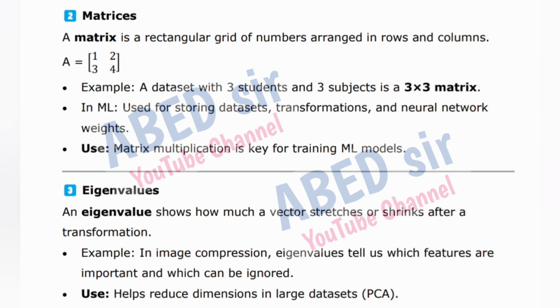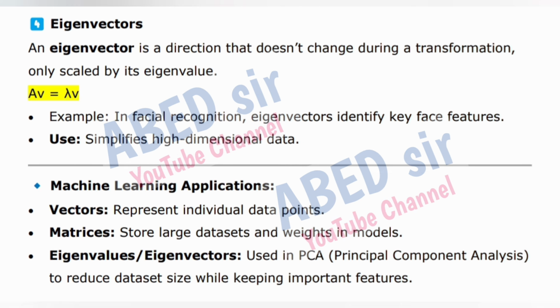Eigenvalues. An eigenvalue shows how much a vector stretches or shrinks after a transformation. Example: in image compression, eigenvalues tell us which features are important and which can be ignored. Use: helps reduce dimensions in large datasets, PCA. Eigenvectors.